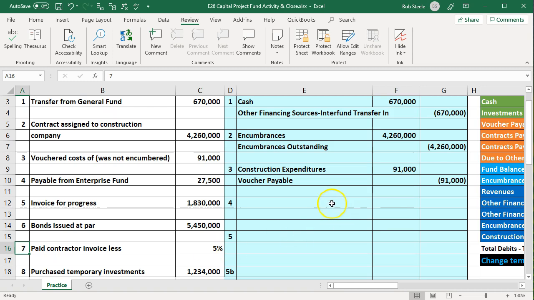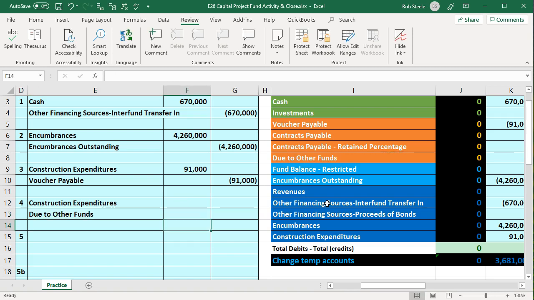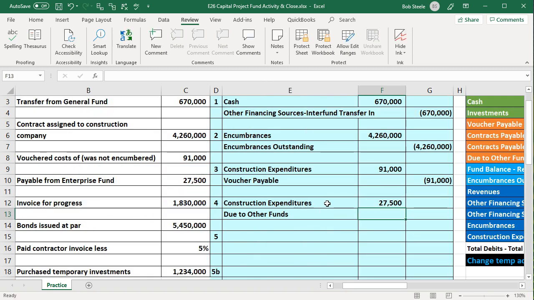So that's going to be an expenditure on our side. We're going to say that this is a construction expenditure. And then the other side is due to another fund. So it's an inter-fund transfer. So the other side is due to other funds. It's an inter-fund item, and this is going to be the 27 equal to the 27.5. That will be the debit, that will be the credit.